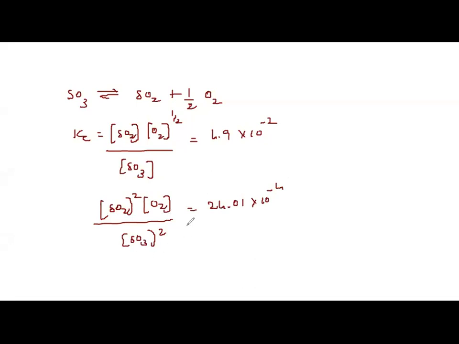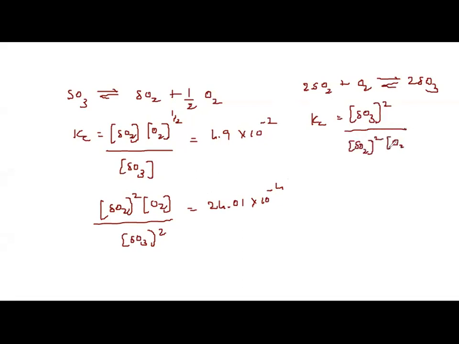Now Kc for the reaction SO2 plus O2 gives 2SO3. So it is 2 here. What is Kc? Equal to SO3 concentration square upon SO2 concentration square into O2. Correct? So it is how much given? It is nothing but same of this.